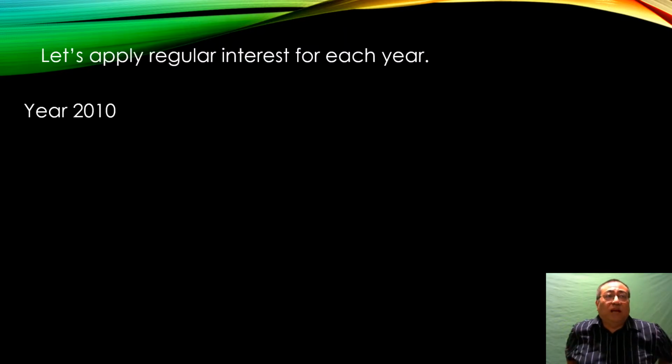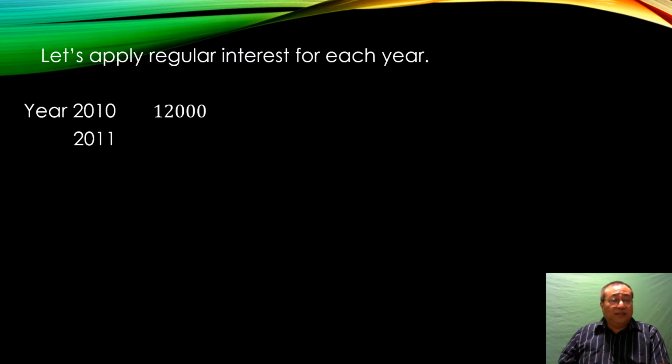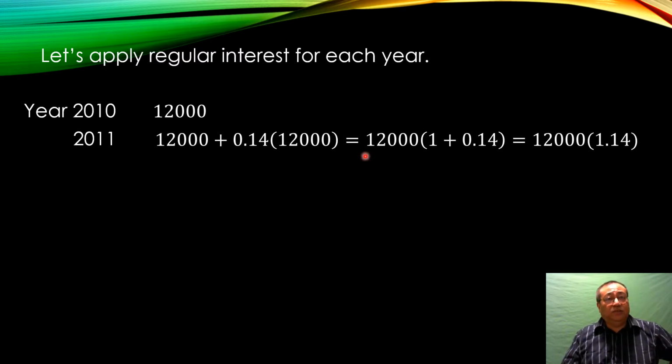So we're going to apply regular interest for each year. It's increasing, it's appreciating 14% per year. In 2010, it's worth $12,000. In 2011, we're going to increase the value by 14%, and this is what that looks like. 12,000 is the original value.